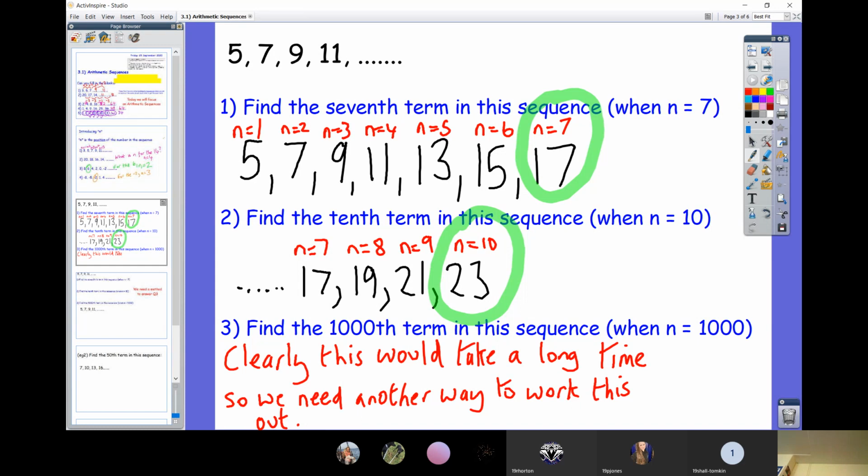I'm going to teach you a method, and you can check whether your strategy would have got you the same answer. So to find the 1,000th term in this sequence, in other words, when n is 1,000, we know exactly what we would do. We go 23, 25, 27, 29, 31, 33, and so on until we had 1,000 numbers in that row, and the 1,000th number would be our answer.